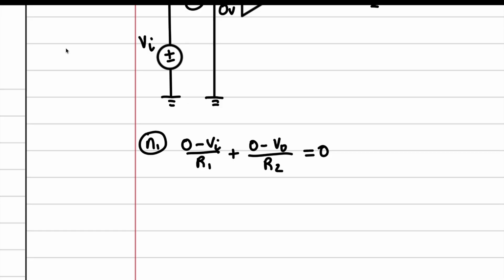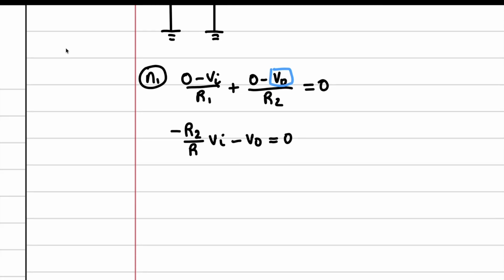And we want to get V out all by itself because that's what we're looking for. So we're going to multiply both sides by R2, and we're going to get negative (R2 over R1) VI minus V naught equals 0. And we will notice that we get V naught is equal to negative (R2 over R1) VI.